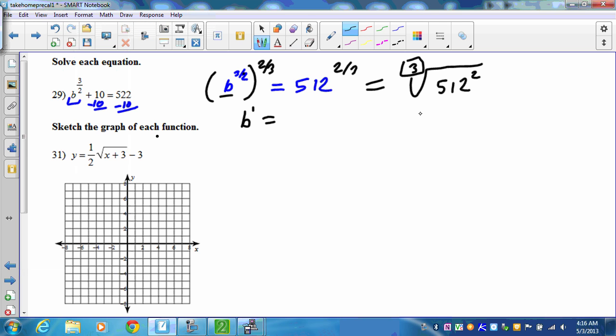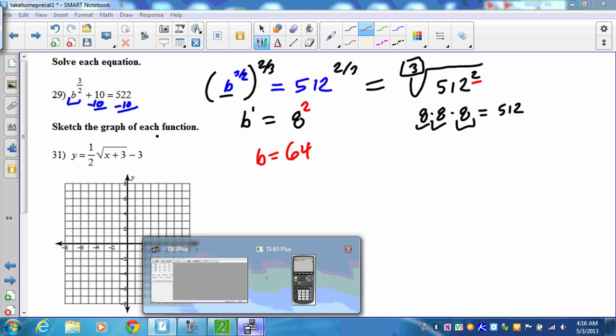Alright, so of course that means 8 times 8 times 8 equals 512. So if you know this fact, what you have is 8, but you haven't squared it yet, right? So the answer to this is, of course, b is equal to 64.